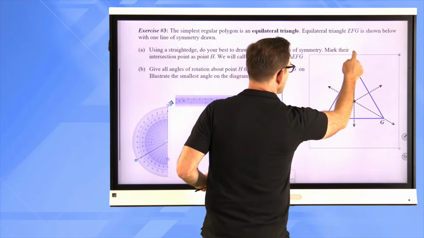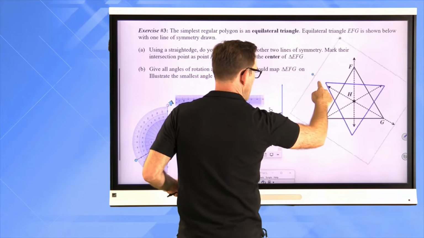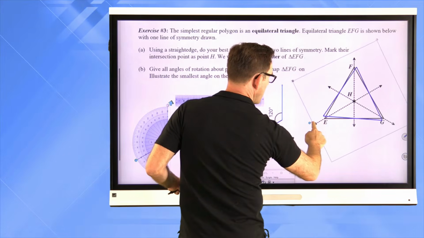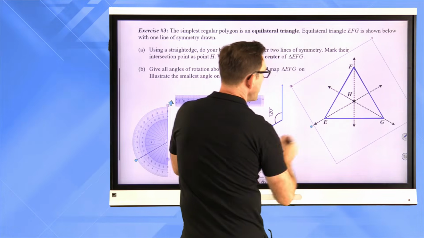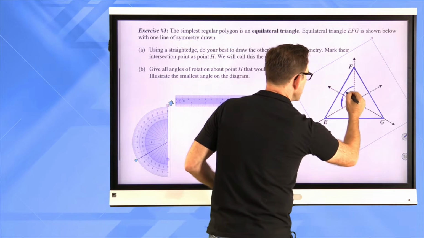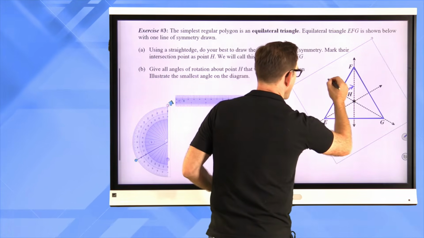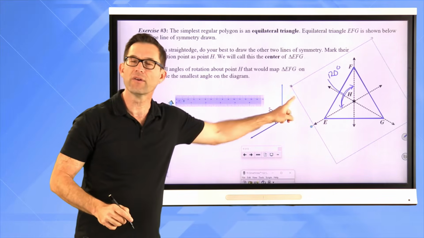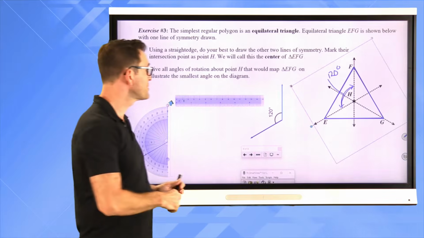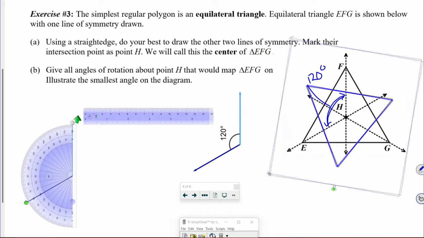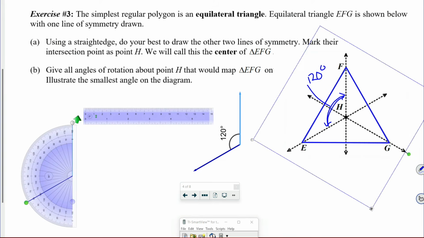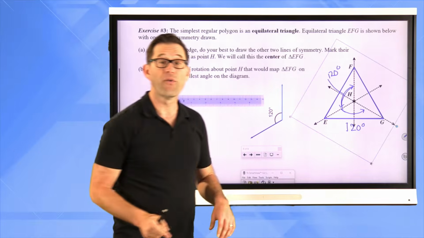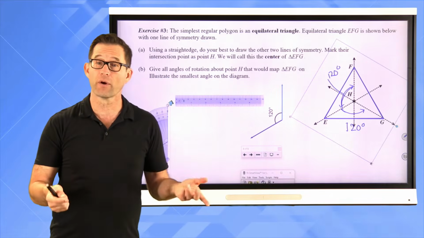Let's actually see how that rotation is done with the actual triangle. If I click on my blue triangle and rotate it, that will rotate 120 degrees. And specifically that 120 degrees is that angle, and you can see it right there. And then, of course, if I rotated it another 120 degrees, it would land right there. That would be another 120 degree angle, giving me a total rotation of 240 degrees.